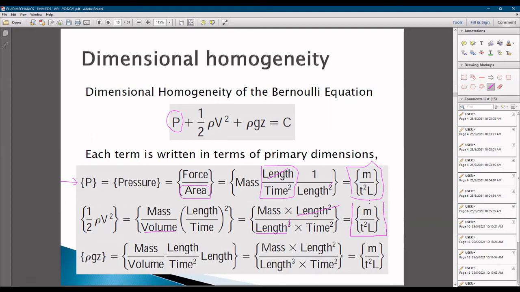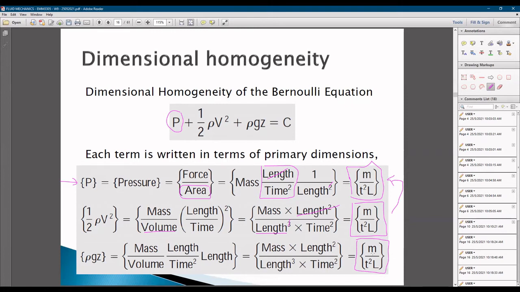right? Note that this one is similar to what we have up here, right? They are the same. And if you go to the last one, rho g z, you look into this, finally you will see that this is also the same as what we have for the previous one, right?